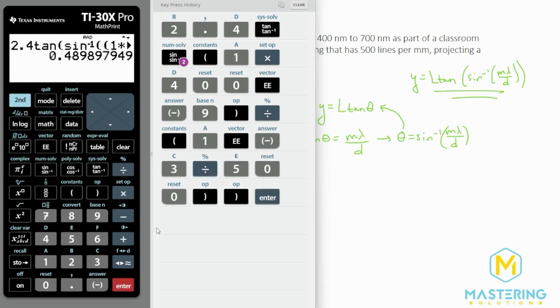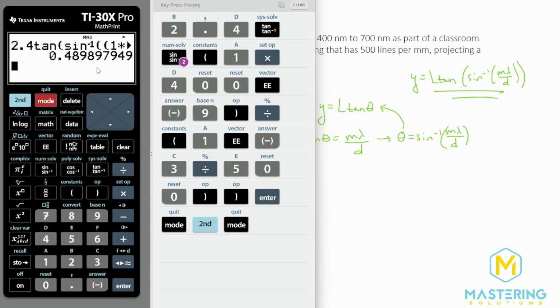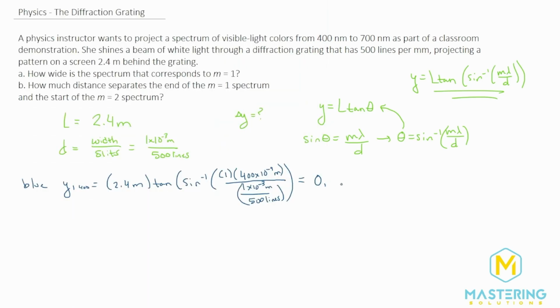All right. So that gives us 0.49, and we are in radian mode. So sorry, that's not degrees, that's meters. So we have 0.49 meters. So that's how far away it is from the central maximum out to the first brightest spot.